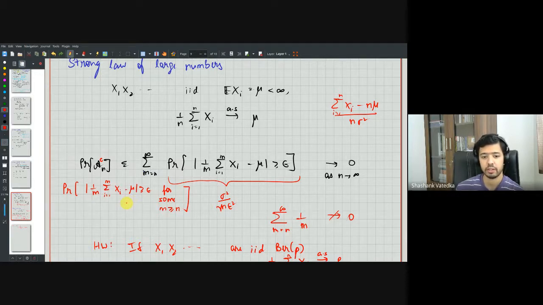Correct? But basically the event within these brackets is a union of infinitely many events. So it is basically the union for all m greater than or equal to n, that whatever the summation 1 over m summation xi minus mu is greater than or equal to epsilon.